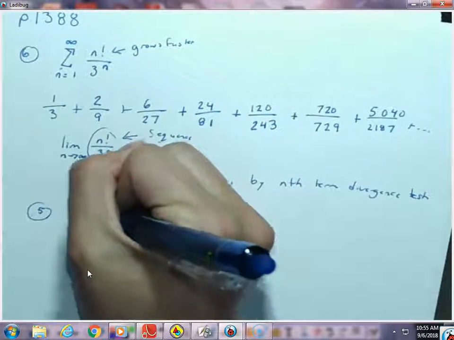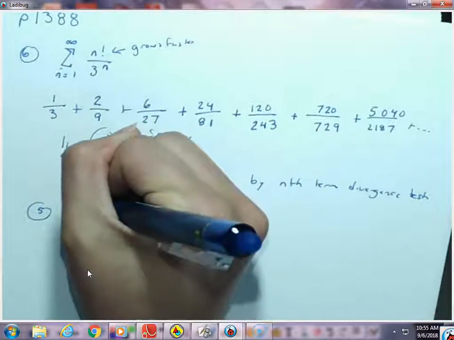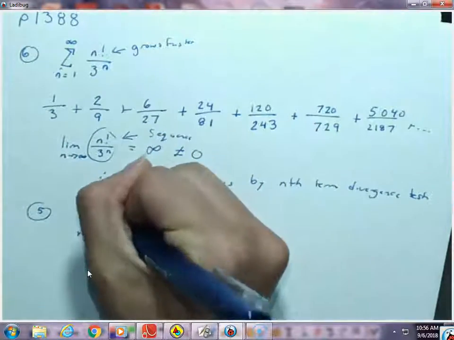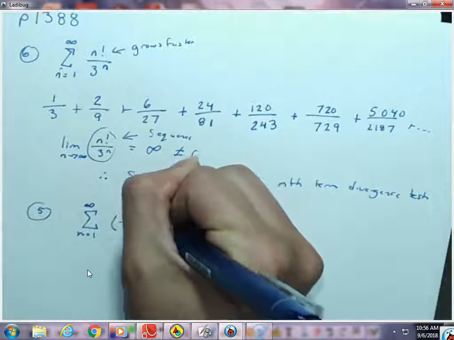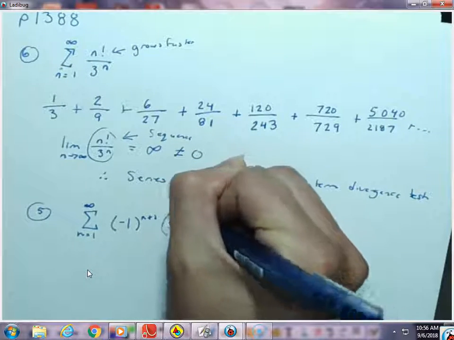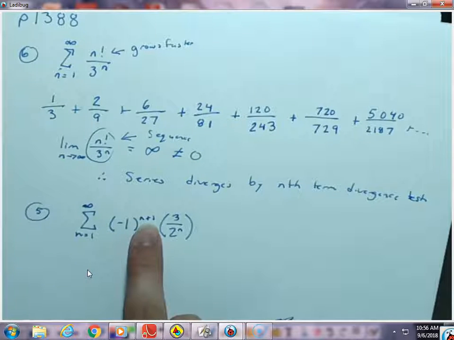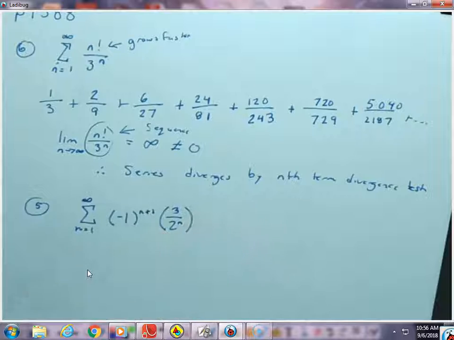Okay, so number 5 is the sum. This one. So just looking at it, I can already tell that it's going to oscillate back and forth positive to negative because it's -1 to n+1, so I know it's gonna keep going back and forth.